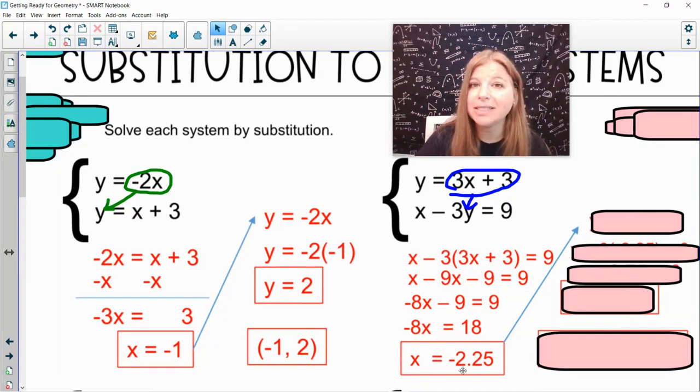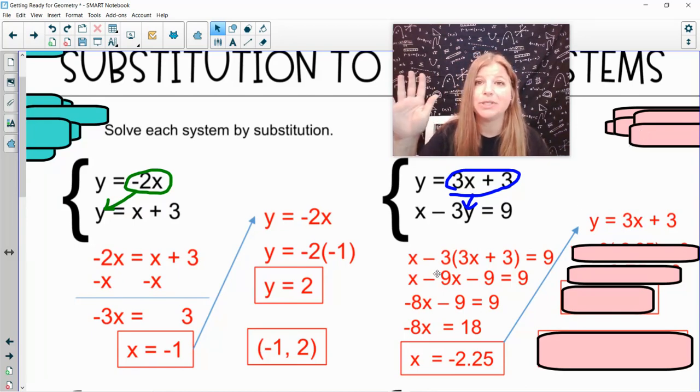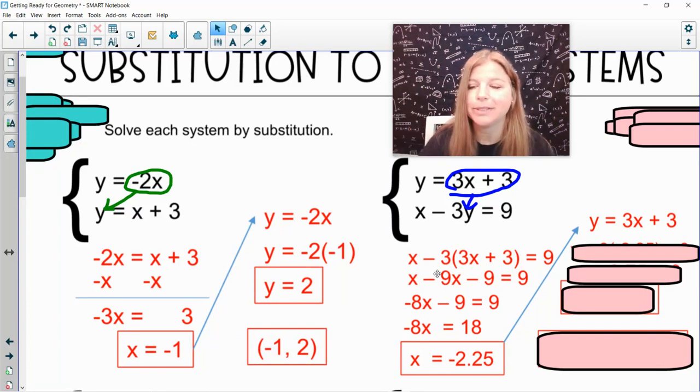Now that I have what x is equal to, I want to solve for y. I could plug this negative 2.25 into either equation for x, but I always tell my students, if you are looking to solve for y, use the equation that's already y equals. So in this case, the first equation is the one that looks the best to me. Could I plug it into the second equation? Absolutely. But it's easier to use the one that's already y equals.